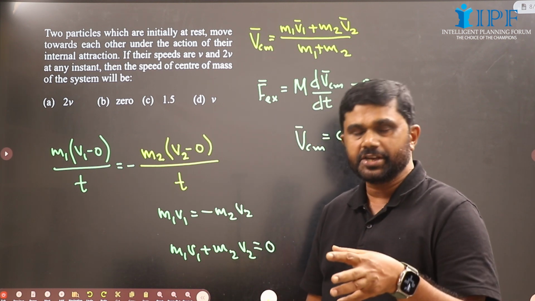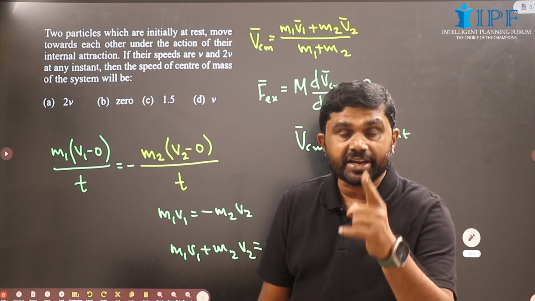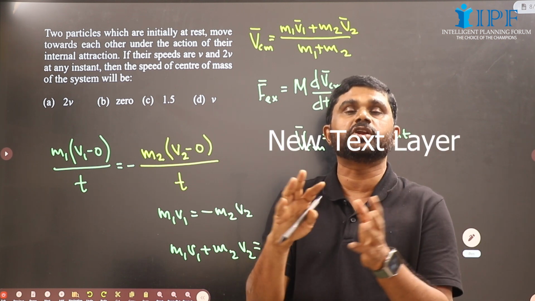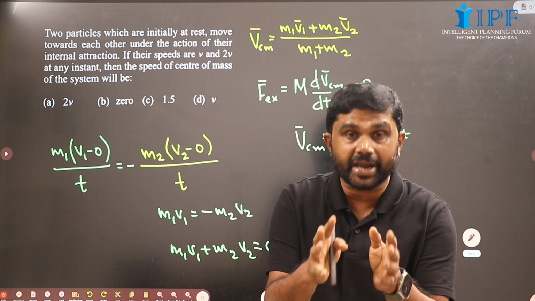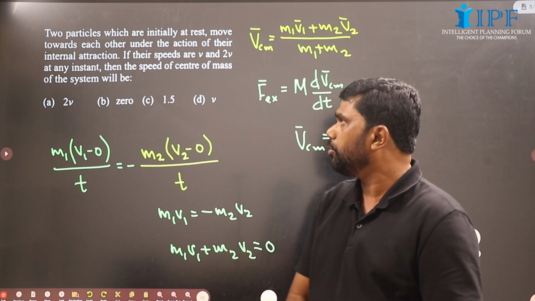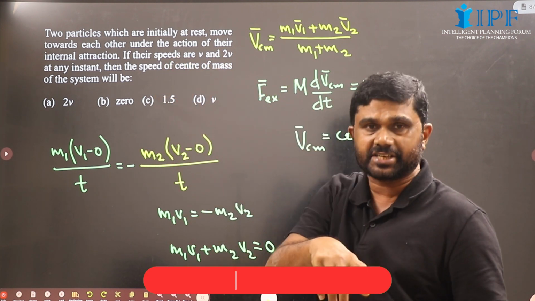The forces are only internal, so there will not be any acceleration for the center of mass. Means the velocity of the center of mass will not change, or it will remain constant as its initial velocity.